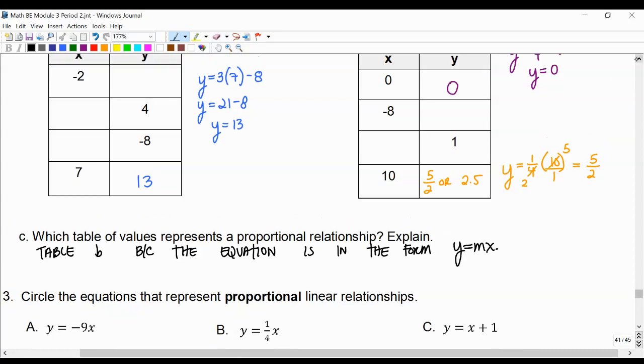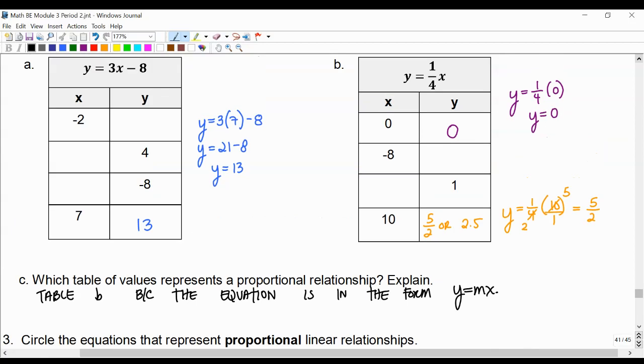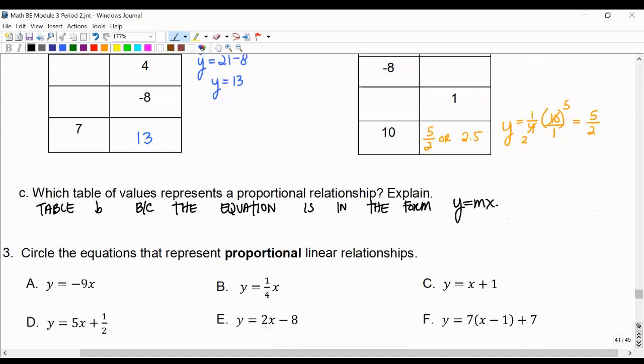That is the deciding factor for something to be proportional or non-proportional. So A is non-proportional because it has this extra plus or minus value at the end. And B is proportional because it doesn't have anything being added or subtracted. Table B, because the equation is in the form y equals mx.